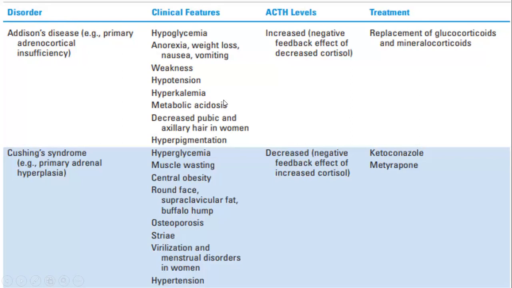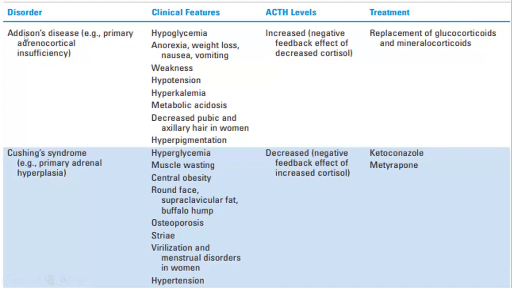Now, another adrenocortical insufficiency, not shown here in the table, is your secondary adrenocortical insufficiency. We have primary, which is also known as Addison's disease.